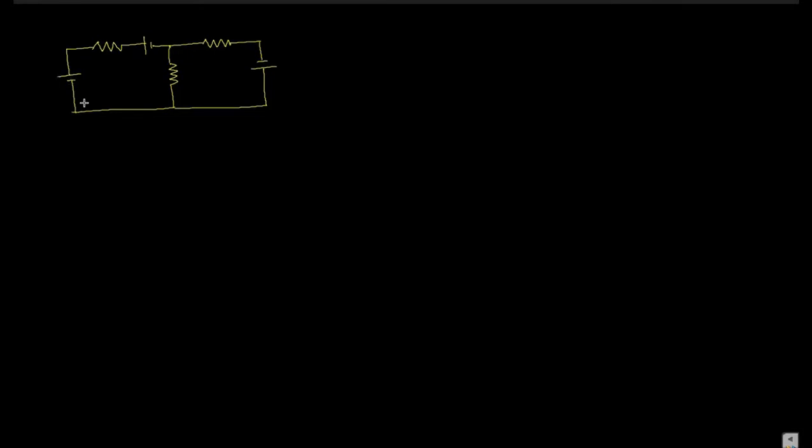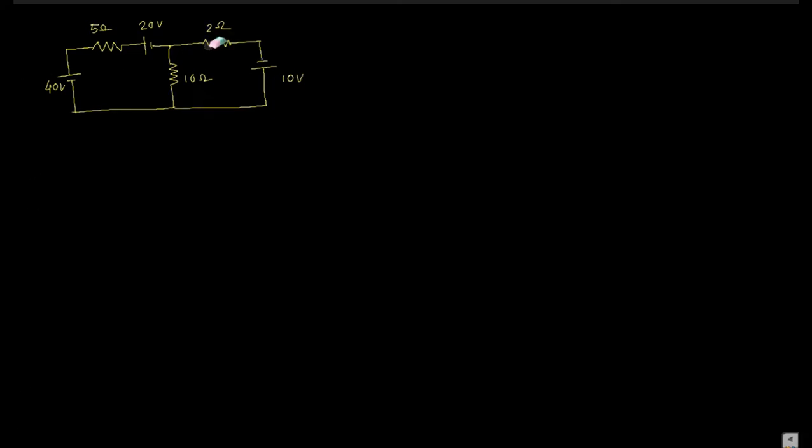So this is the circuit. Here it is 5 ohm, this is 20 volt, this is 10 ohm, this is 2 ohm, this is 10 volt, and this is 40 volt.